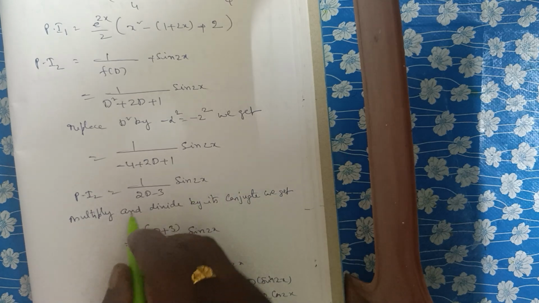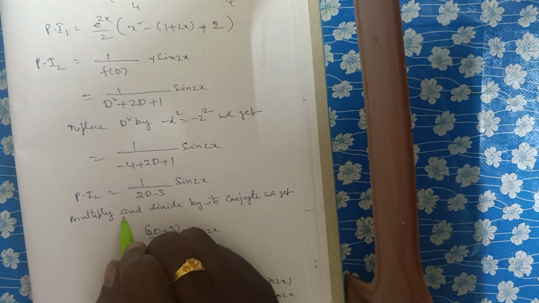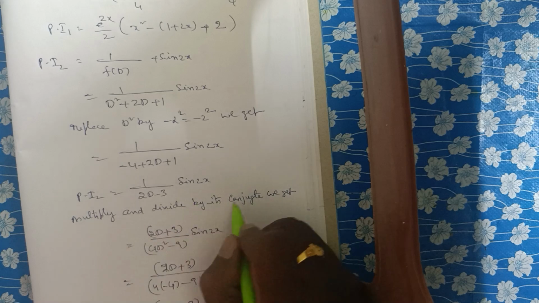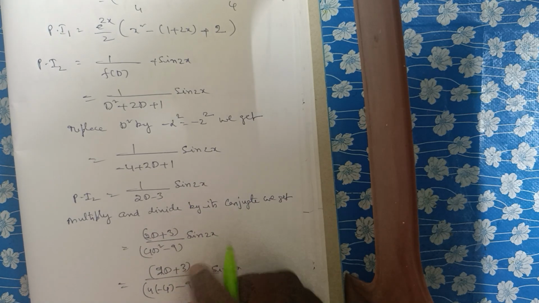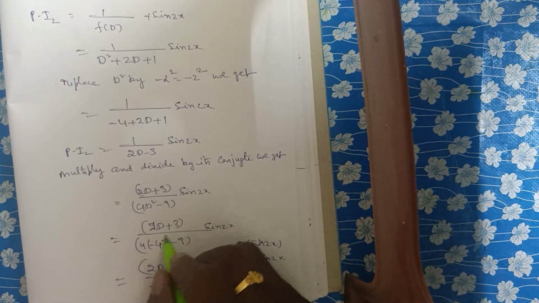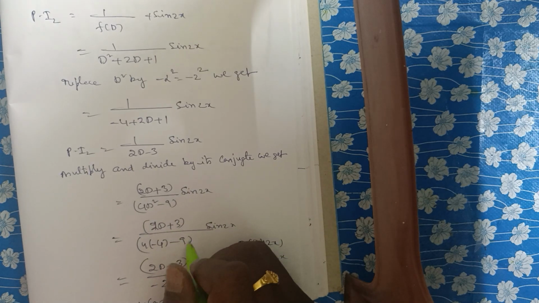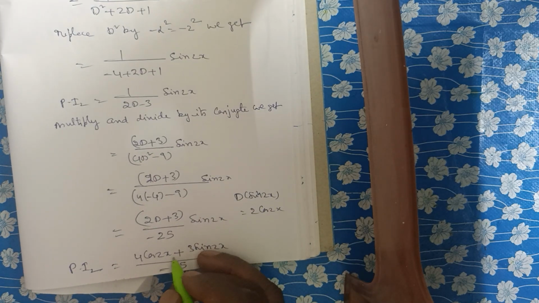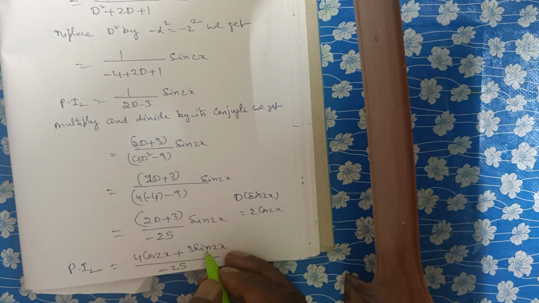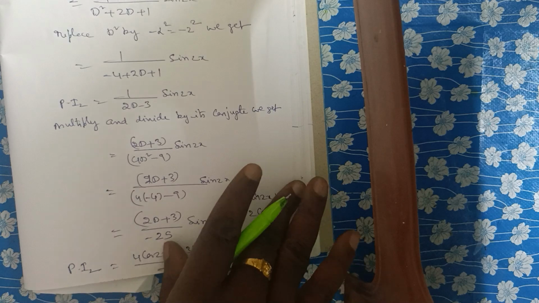To find the answer of PI2, multiply and divide by its conjugate, we get (2D + 3)/(4D² - 9) into sin 2x. So (2D + 3)/(4(-4) - 9) is sin 2x, so the value is equal to -1/25 times (4 cos 2x + 3 sin 2x). So this is the value of PI2.